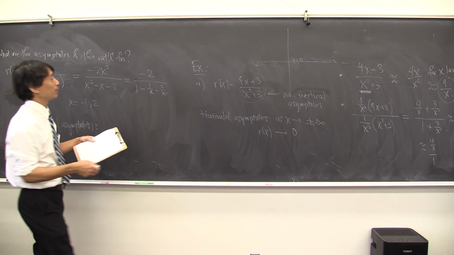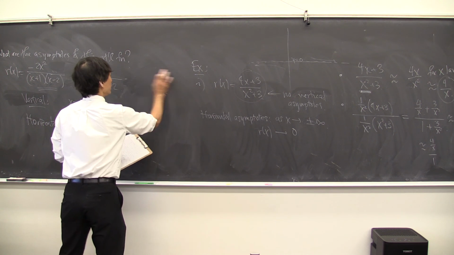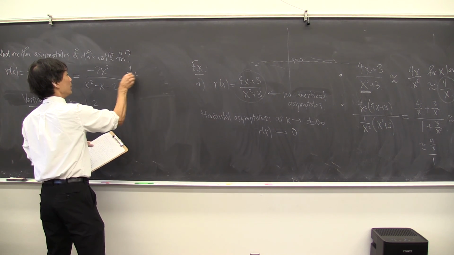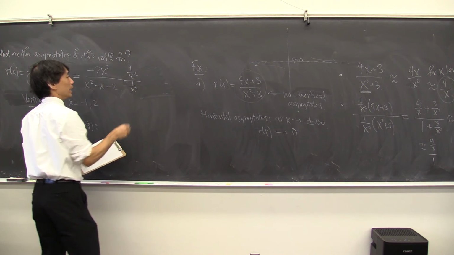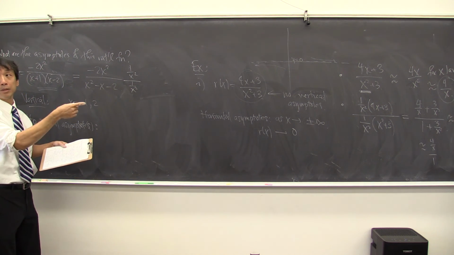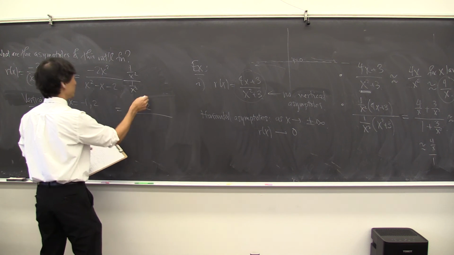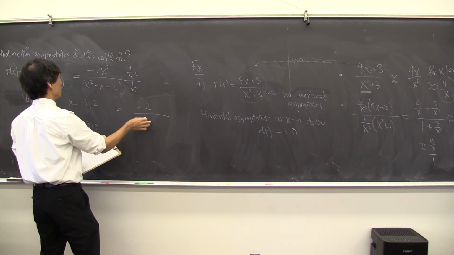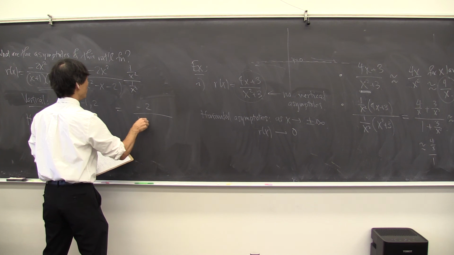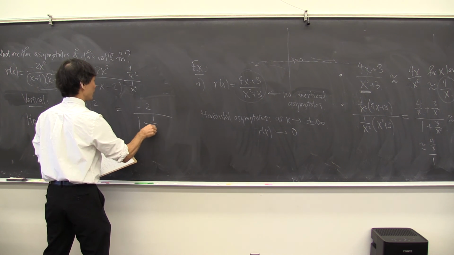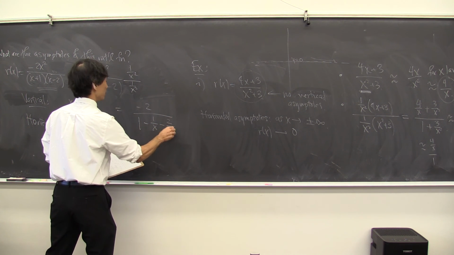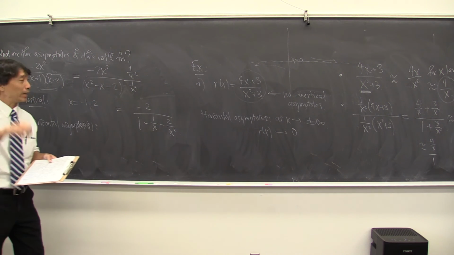This is that game we played earlier: multiply top and bottom by 1 over the highest power term. And so we get -2 on the top, and on the bottom 1 minus 1 over x, and then minus 2 over x squared.